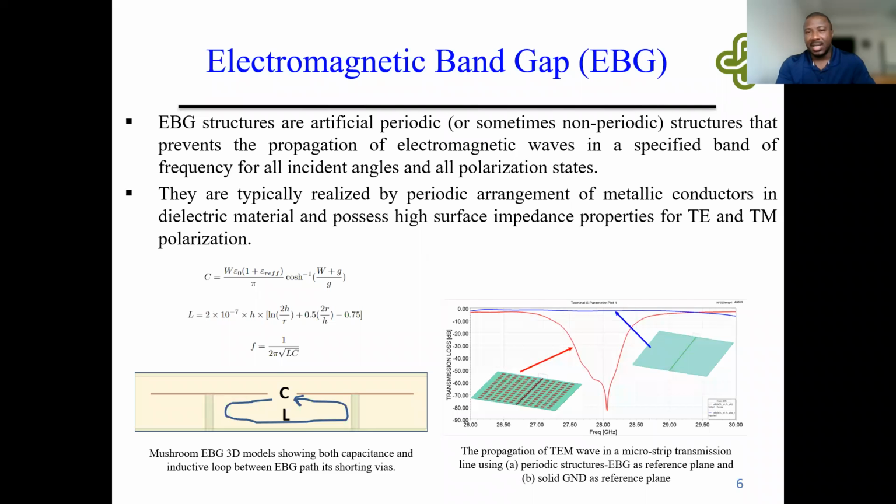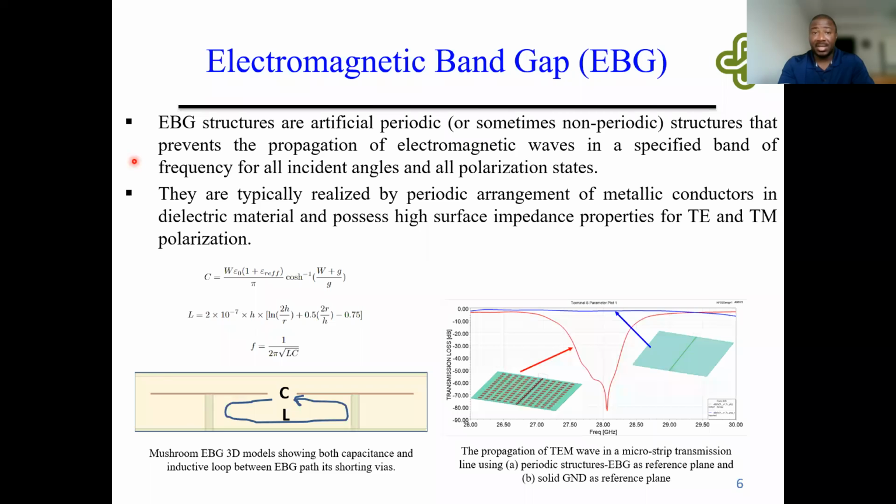So what is electromagnetic band gap structure? This slide presents what EBG is. EBG structures are artificial, periodic, and sometimes non-periodic structures that prevent the propagation of electromagnetic wave in a specified band of frequency for all incident angles and all polarization states.